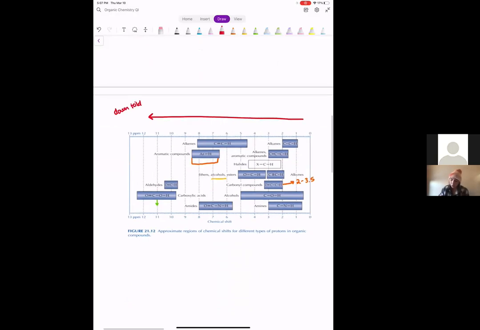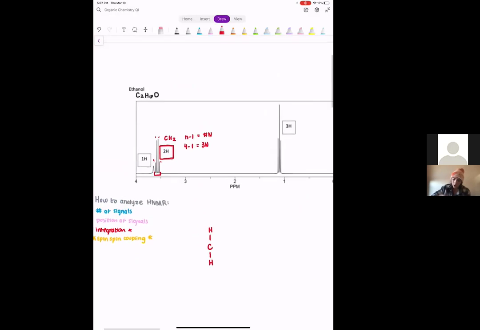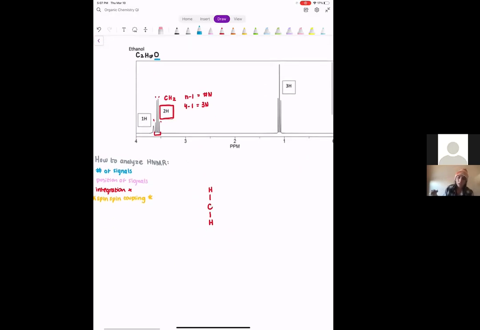When we look at our formula, there's an O right here, which is a pretty electronegative atom. So we can guess that somewhere in our molecule is going to be a CH2 attached to that oxygen. That takes care of 2 of our H's and that O.